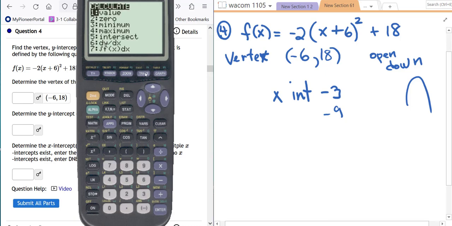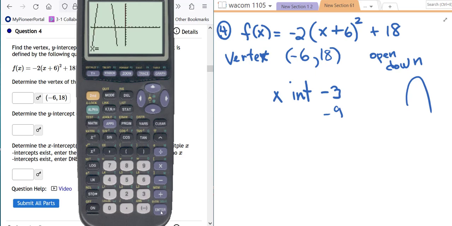Second calc value. Actually, that's not going to verify those. That's going to do something else. All right. If I do that, second calc value, and if I put 0 into x, what's it going to tell me?